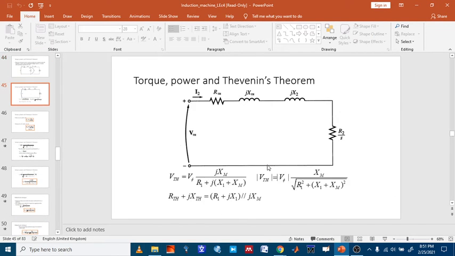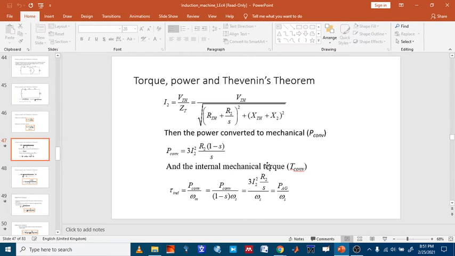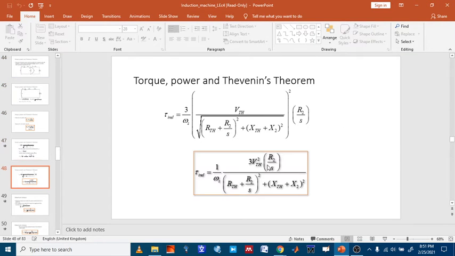Generalized formula for the torque induced. But look at something. At starting, the slip is equal to 1 because the motor speed is 0. The slip is given by synchronous speed minus motor speed over the synchronous speed.